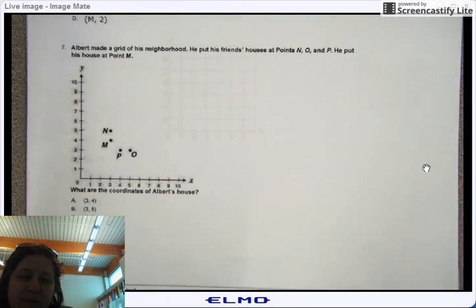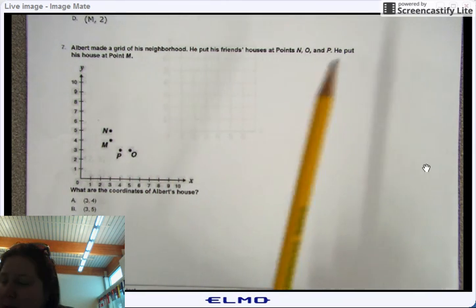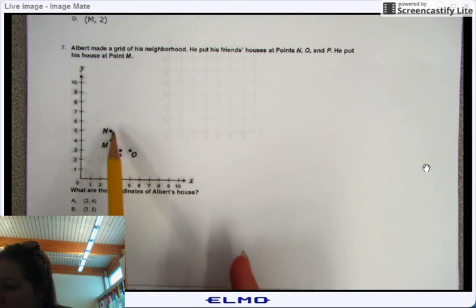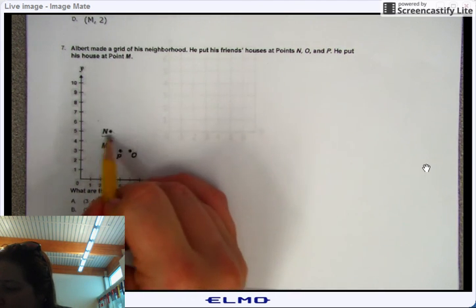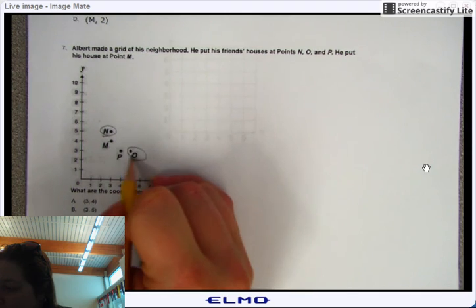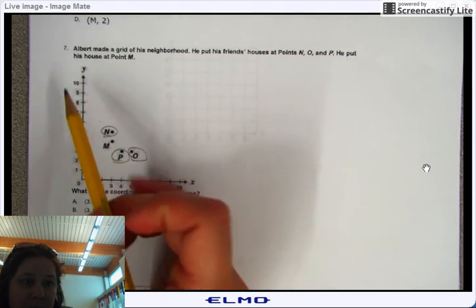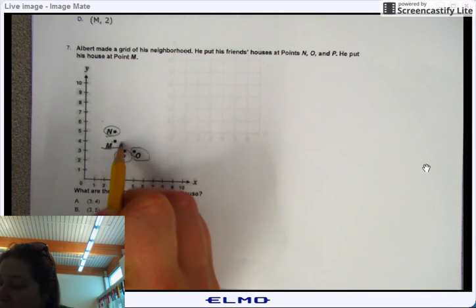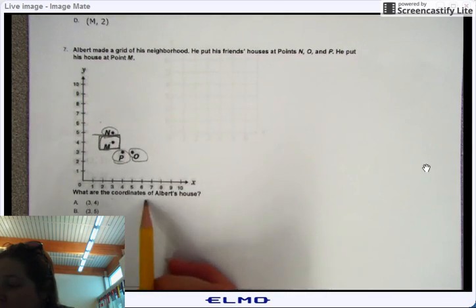Question number 7. Albert made a grid of his neighborhood. He put his friends' houses at points N, O, and P. These are his friends' houses. His house is point M. This is his house. That's why it's a square. What are the coordinates for Albert's house?